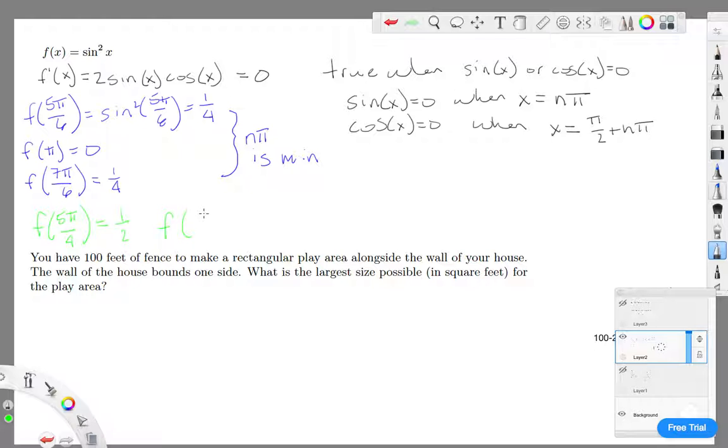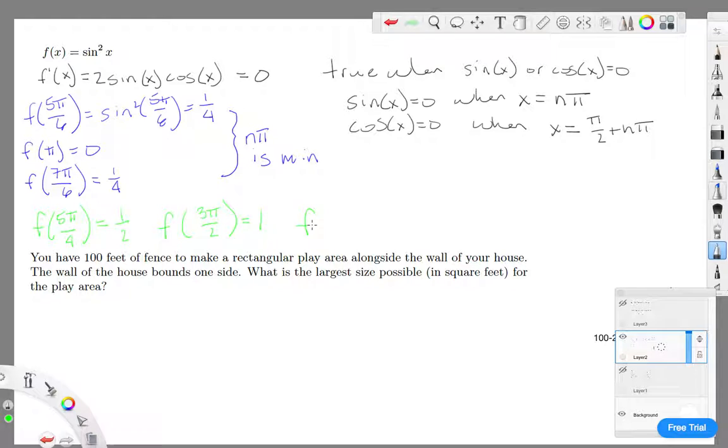F of 3 pi over 2. Don't get confused that I didn't start at pi over 2. I was just continuing off to the right since we ended up here at 7 pi over 6. 5 pi over 4 is to the left of this point, and this is supposed to be where cosine is equal to 0. So we've got pi over 2 plus n, which is 1 here. Pi over 2 plus 1 pi is 3 pi over 2, and that's equal to 1.